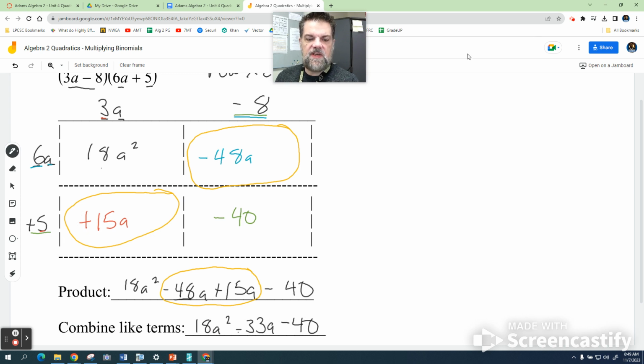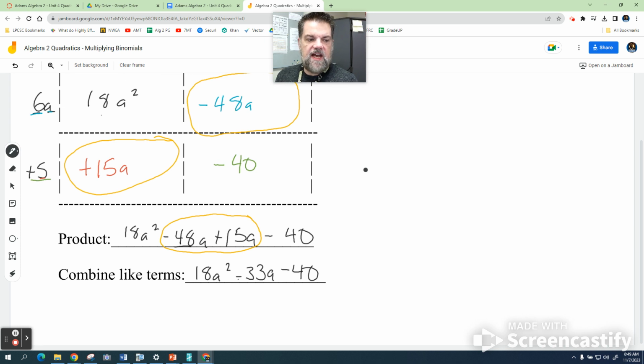Now what does that mean? That means that 18a squared minus 33a minus 40 is equal to, in parentheses, all this stuff, 3a minus 8 times the quantity 6a plus 5.